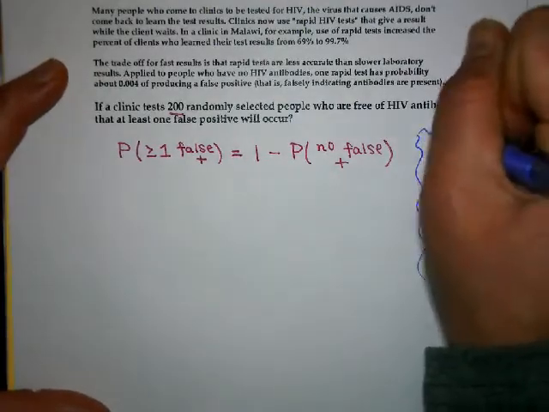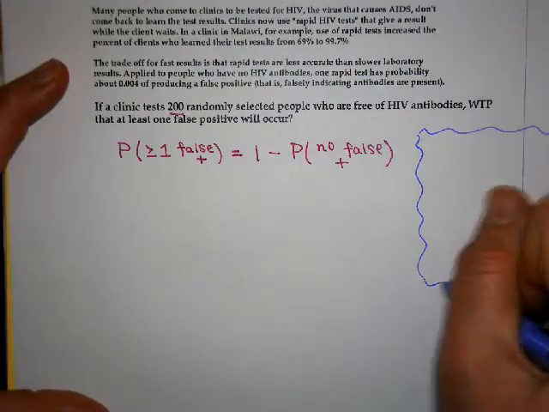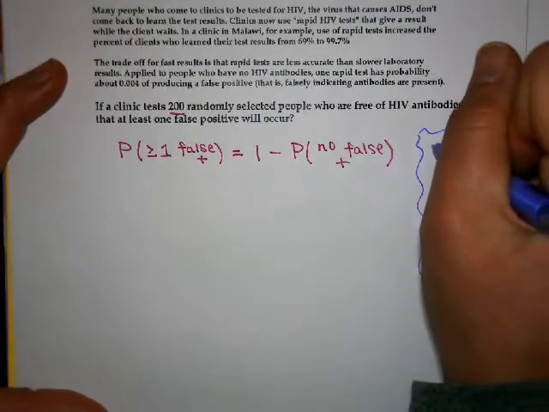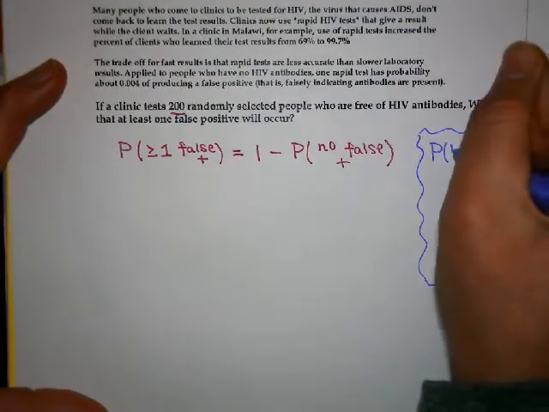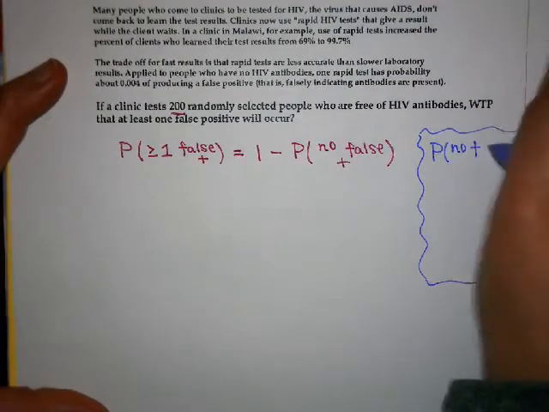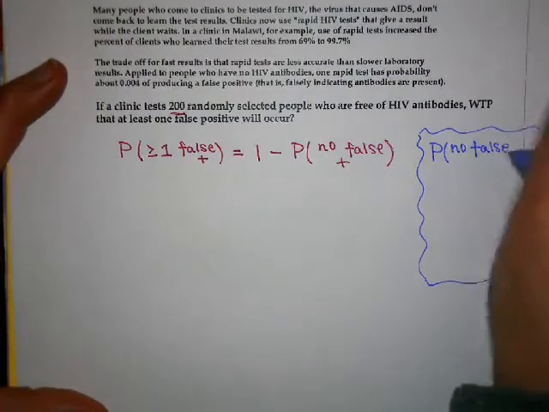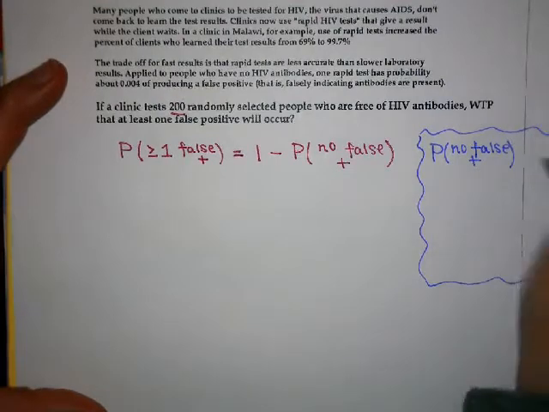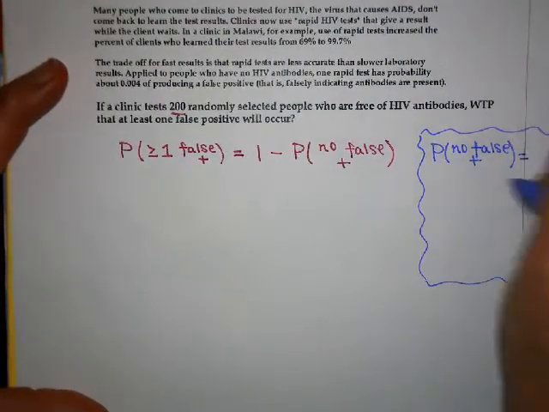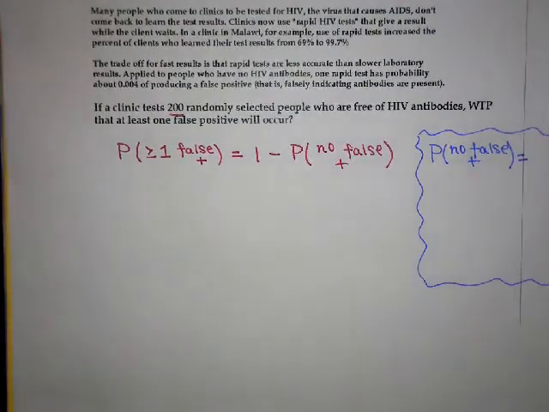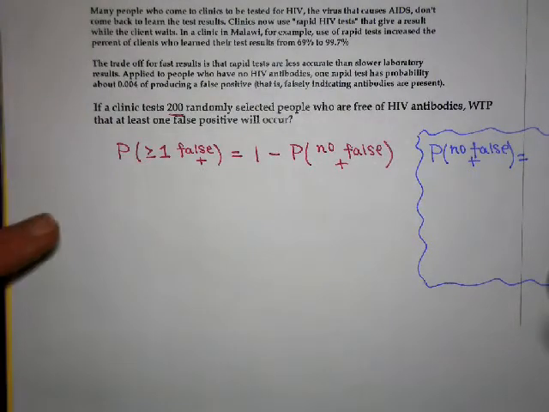So the probability of no false positives, I guess for lack of better words, would come from 1 minus this.